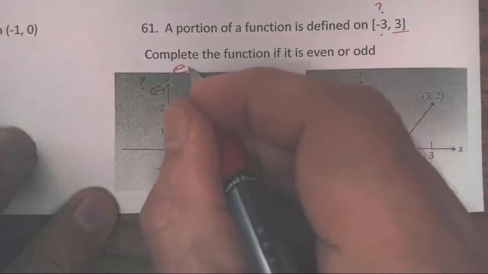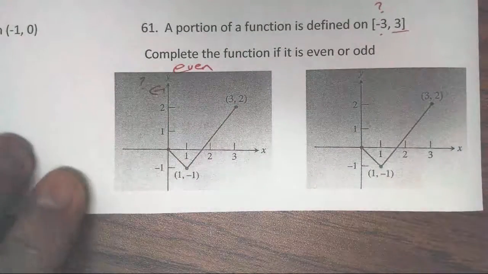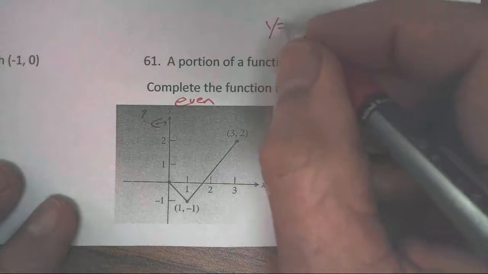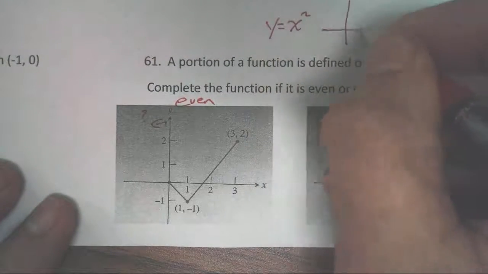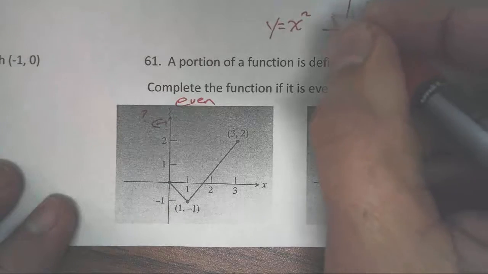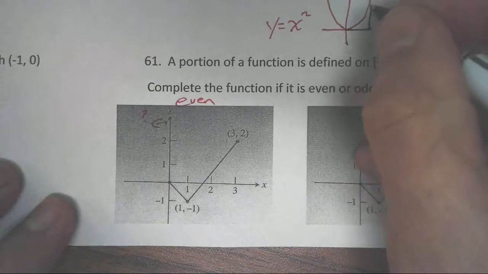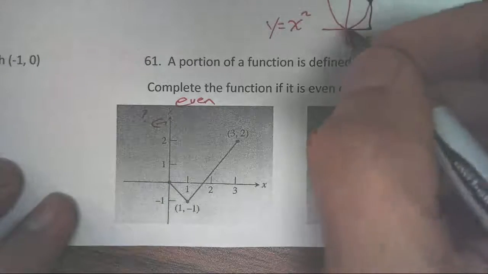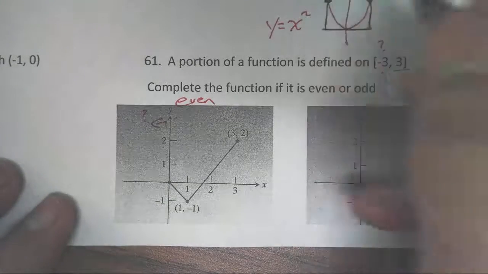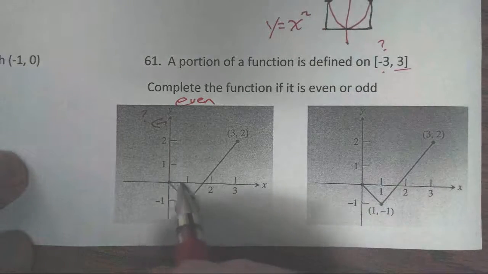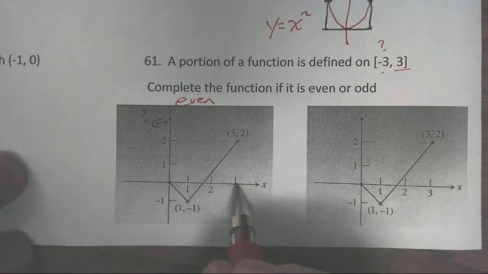So I'm going to treat this one as my even. Even functions like, for instance, y equals x squared. A function is even if the height to the right is the same as the height to the left. So this function to the right is up 3.